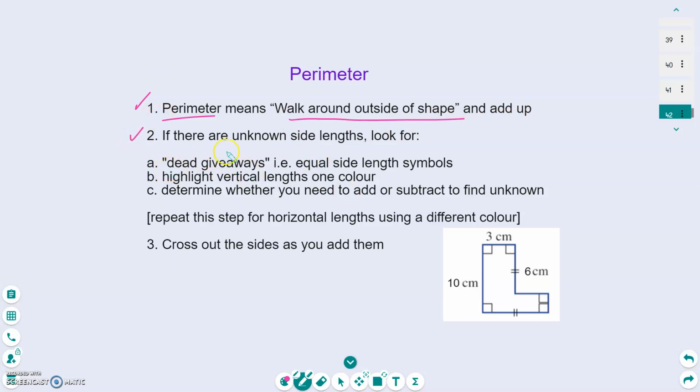Step 2, if there are unknown side lengths, look for dead giveaways. So those equal side length symbols. Highlight vertical lengths one color and determine whether you need to add or subtract to find the unknown, and then repeat this for the horizontal lengths. Okay, and then finally actually use your perimeter calculation to walk around the outside of the shape and add them.